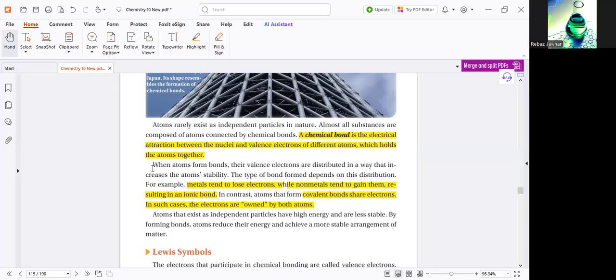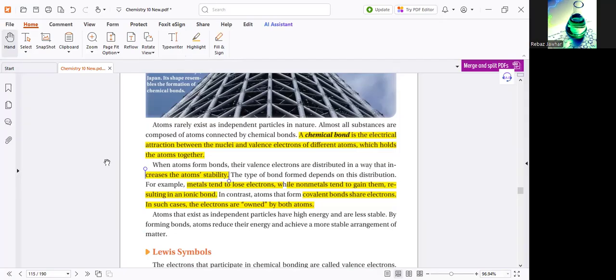The answer is, when atoms form bonds, their valence electrons are distributed in a way that increases atom stability. So the main reason behind bond formation is to increase the stability of the atom. Clear?